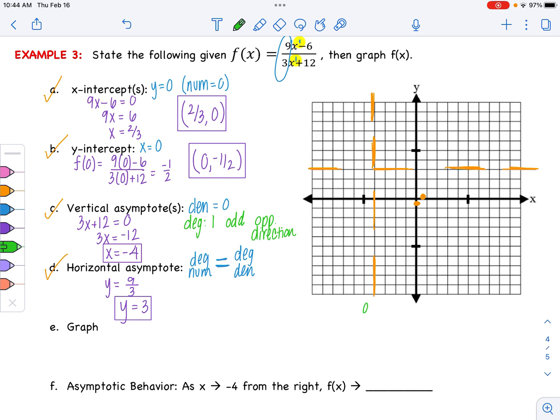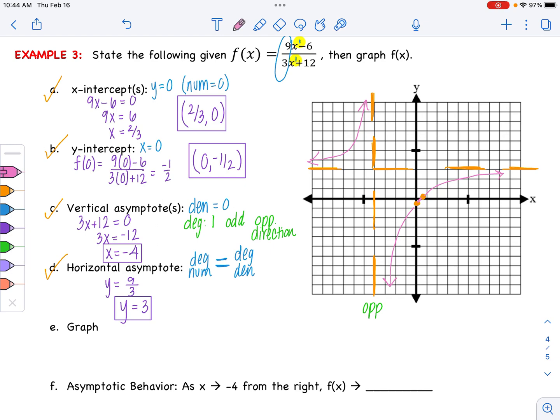So maybe here I'm going to put the word opposite. So I know for myself, I should not be approaching that going the same way. Well, looking at what I have, I'm definitely going to connect these points and hug the asymptotes that are close to it. If I'm going down from the right, that means I have to go up from the left due to being opposite, due to that degree of the denominator.